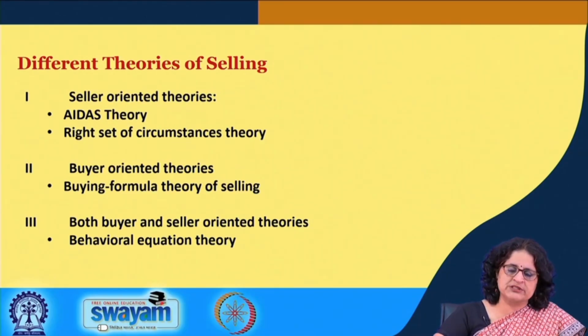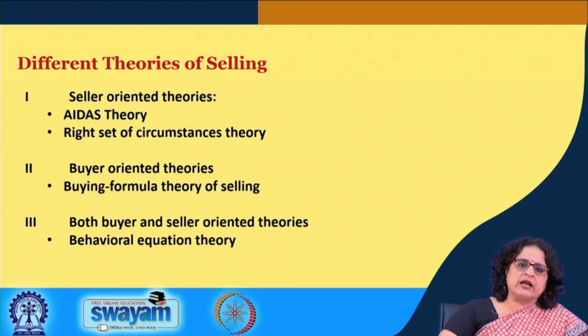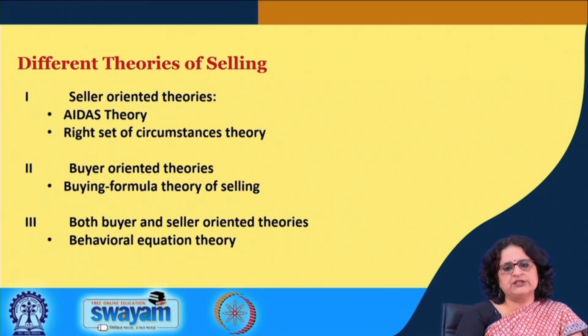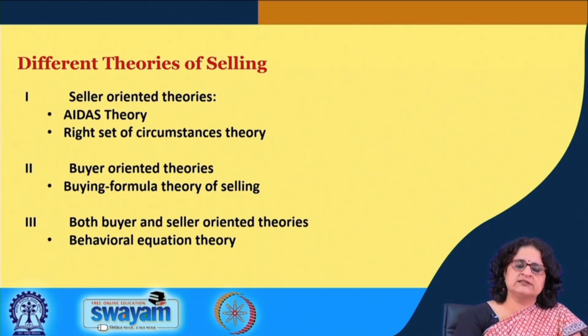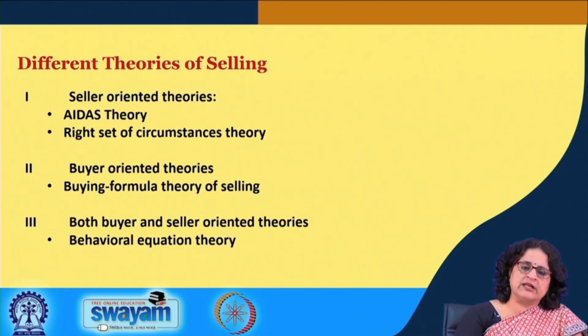So in a nutshell, the seller oriented theories lay emphasis on the role played by the salesperson and give a huge importance to the kind of responsibility he has and the role he can play to actually elicit a sale from the prospect.